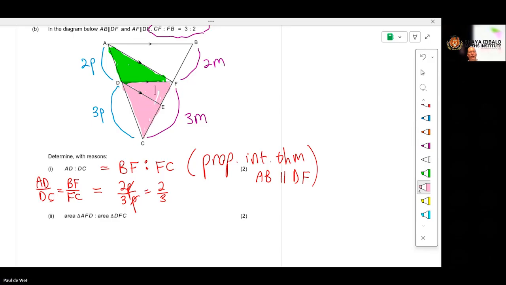Okay, and the perpendicular height of both of those triangles comes somewhere here.